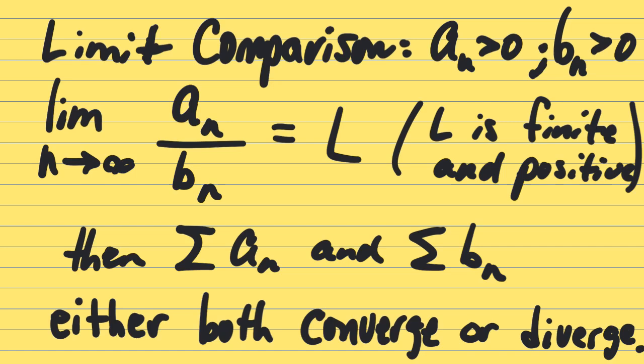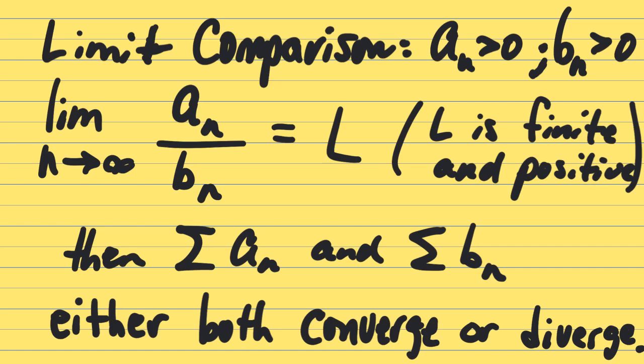Limit comparison is very similar in stature. You're going to have a series given. You're going to create a very similar series based on dominant terms from the original, but you're going to set up a ratio of a_n over b_n and look at the limit of those two when n gets really large.